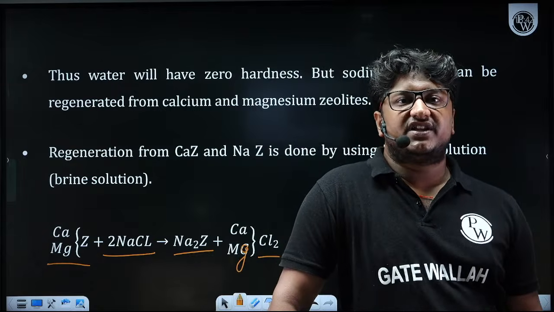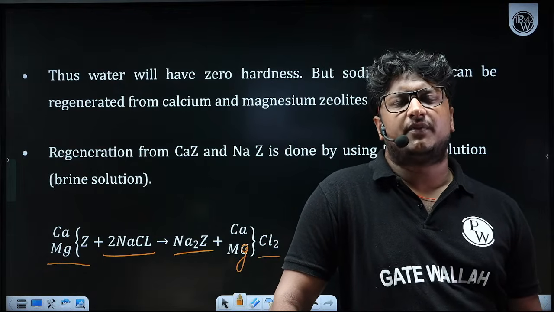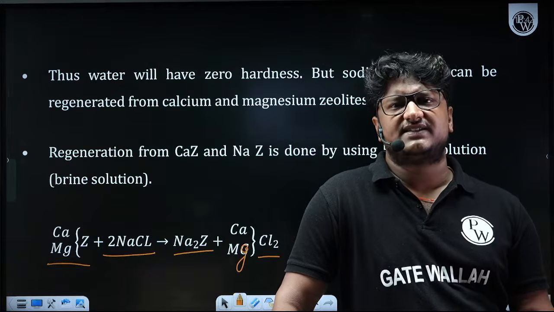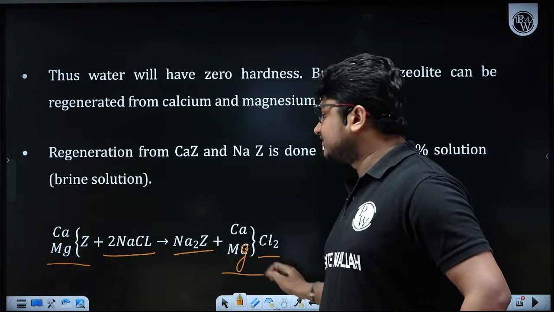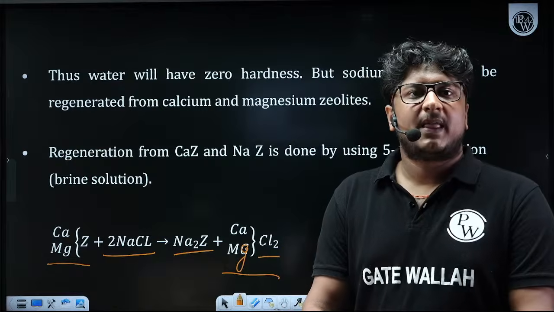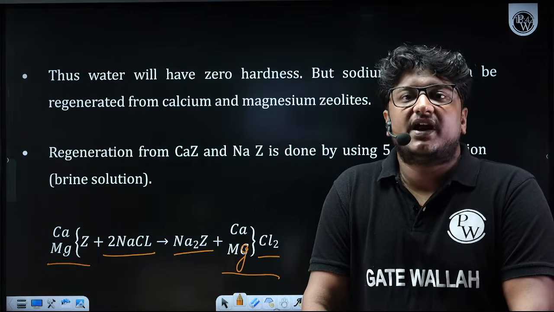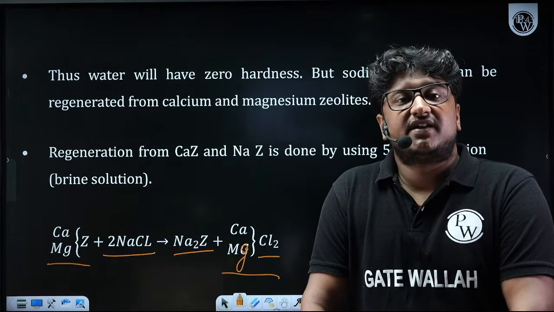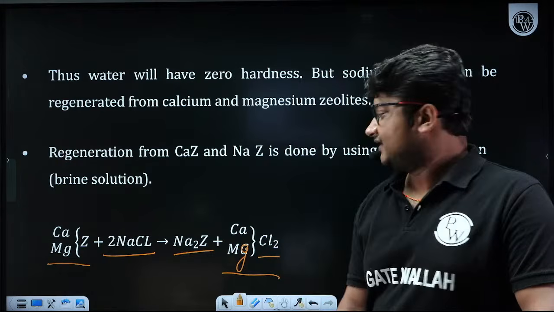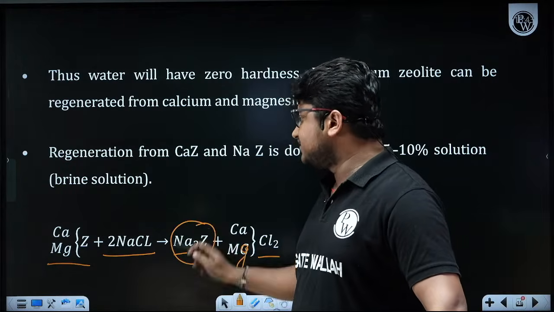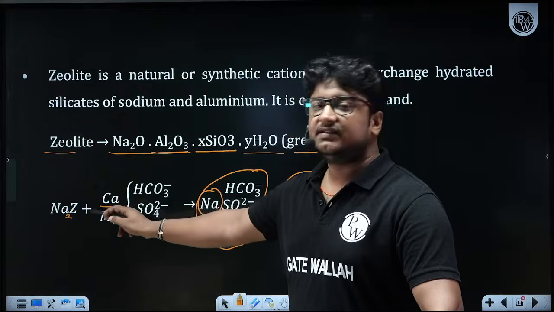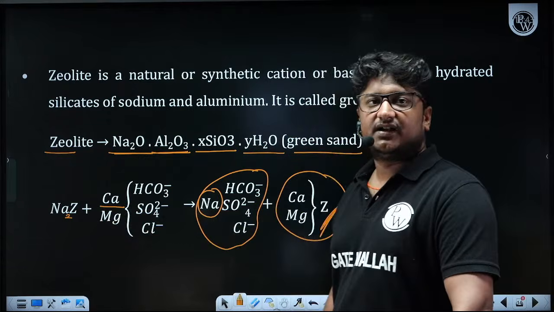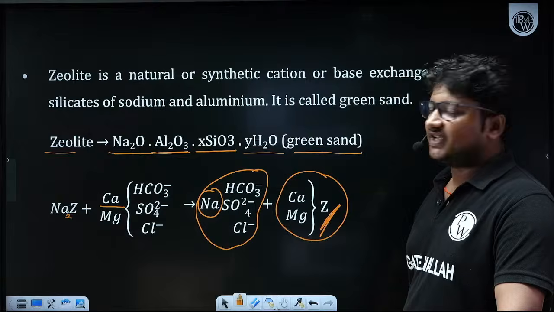So during regeneration, some amount of permanent hardness will be formed, but the amount is very small, so you can manage with that. But the good thing is that the same zeolite bed, Na2Z, is now regenerated, ready for the next application.